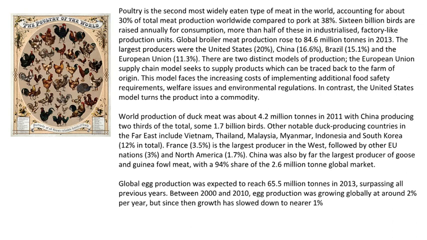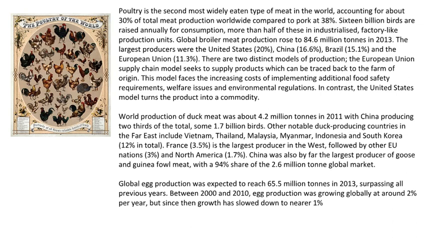France, 3.5%, is the largest producer in the West, followed by other EU nations, 3%, and North America, 1.7%. China was also by far the largest producer of goose and guinea fowl meat, with a 94% share of the 2.6 million ton global market.